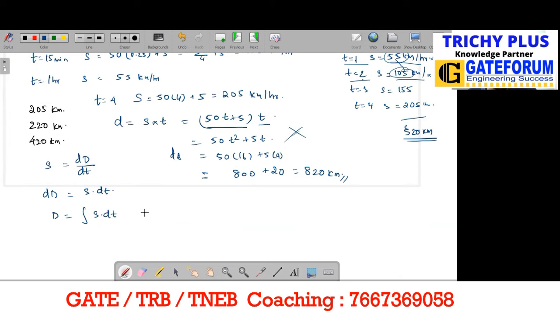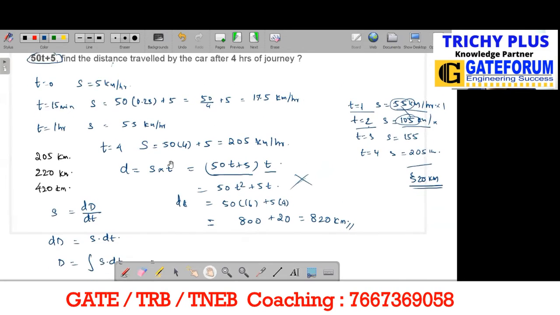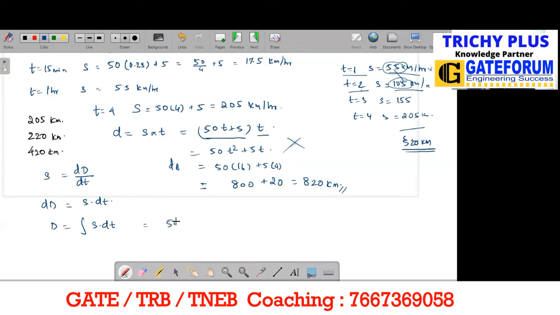Okay. So what is s here? Our s is nothing but 50t plus 5. So integral of 50t plus 5 dt, 0 to, you can put a limit here, 0 to 4 hours. Okay.